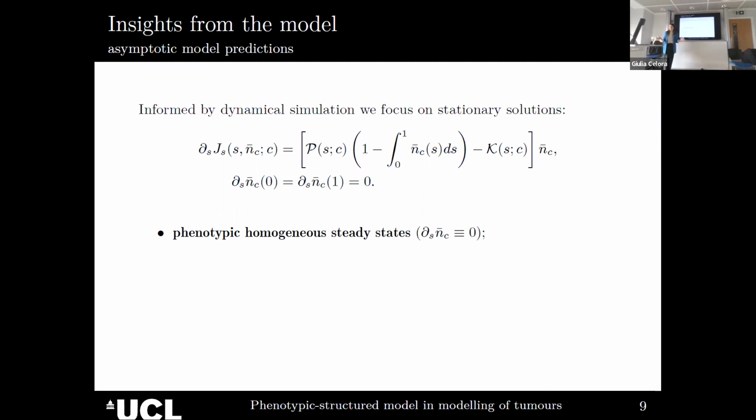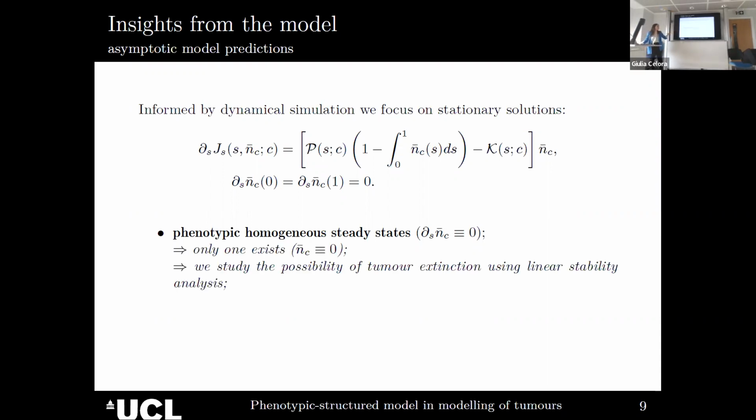So we don't observe limit cycles, although we can't prove it. If you think about the stationary solutions, these are determined by this stationary problem. And we have two types of solution. Phenotypic-homogeneous steady state, where there is no dependence on S. And here we have only one type of solution, which is basically the trivial solution.